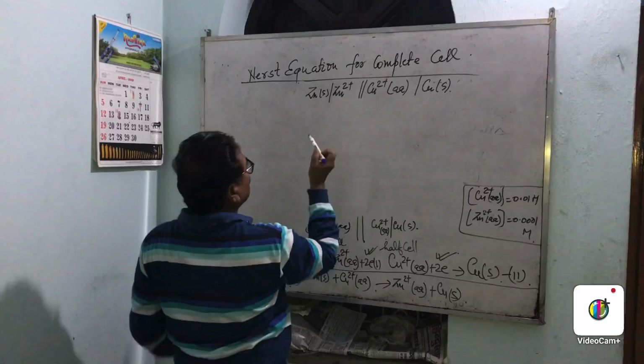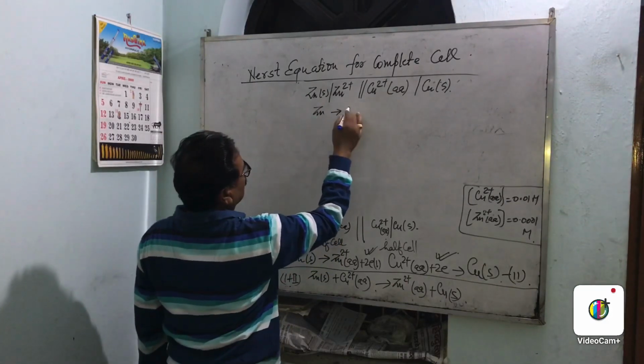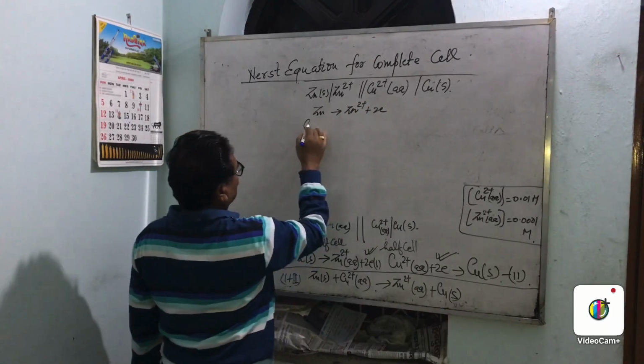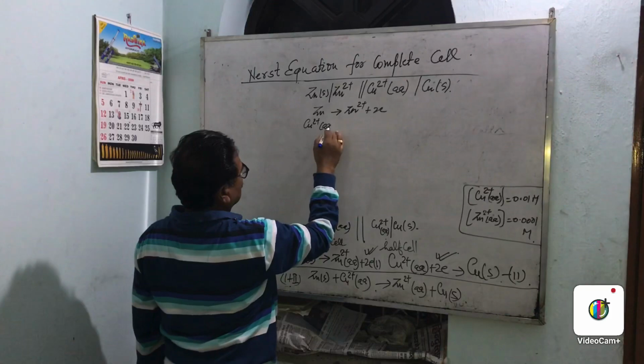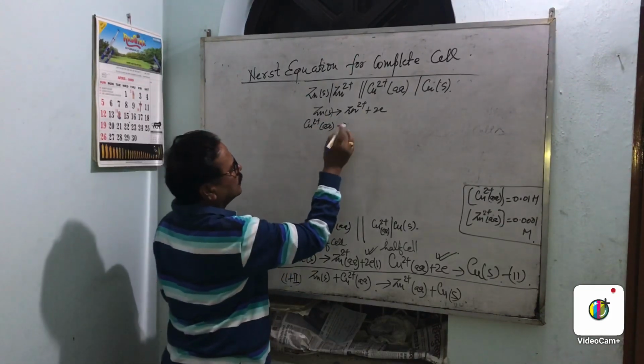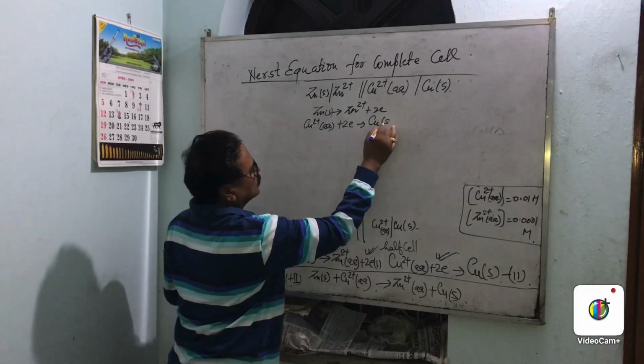For this cell, the complete cell reaction, to make it easier: Zn2 plus, twice e, and copper 2 plus aqueous, this is solid, this is equal to copper solid.